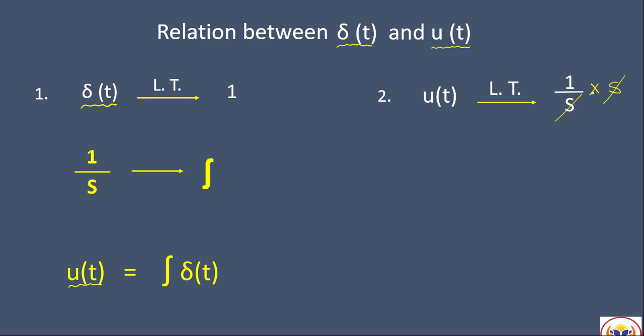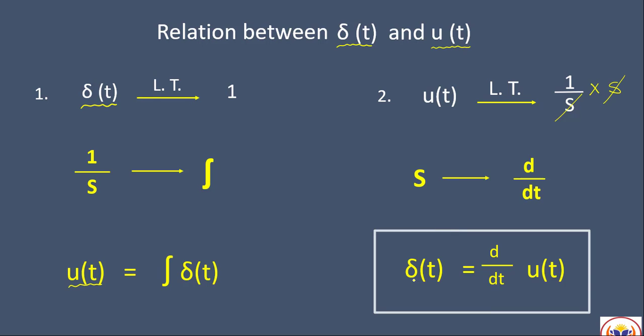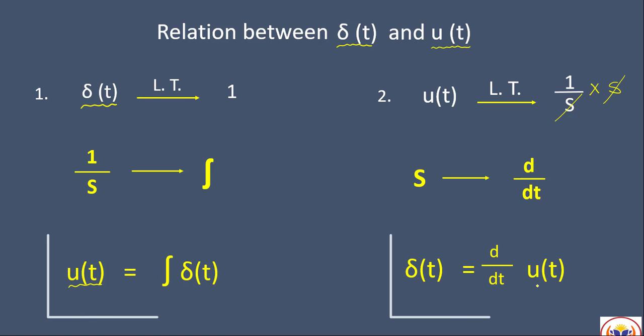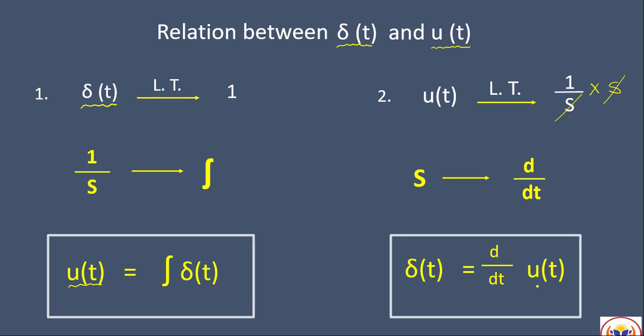So the significance of s is d by dt. The impulse signal del of t is nothing but the differentiation of the step signal u of t. I hope these two relationships are very clear to you.